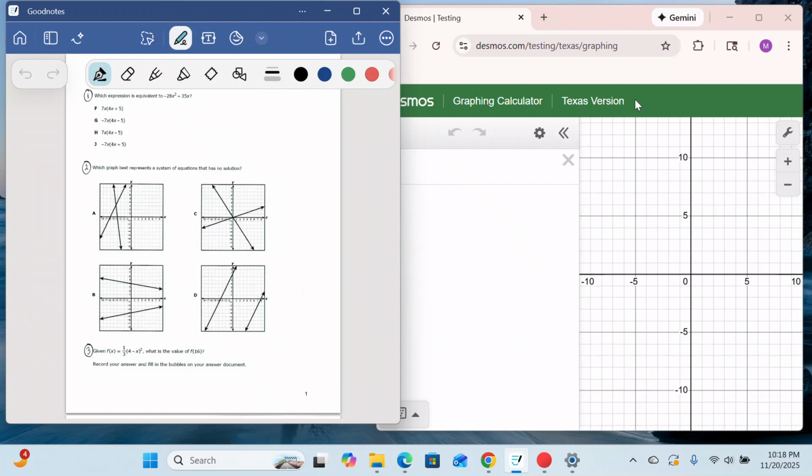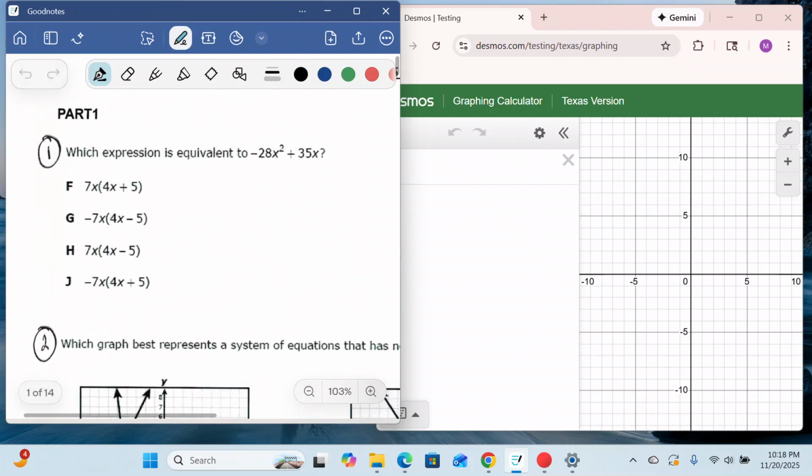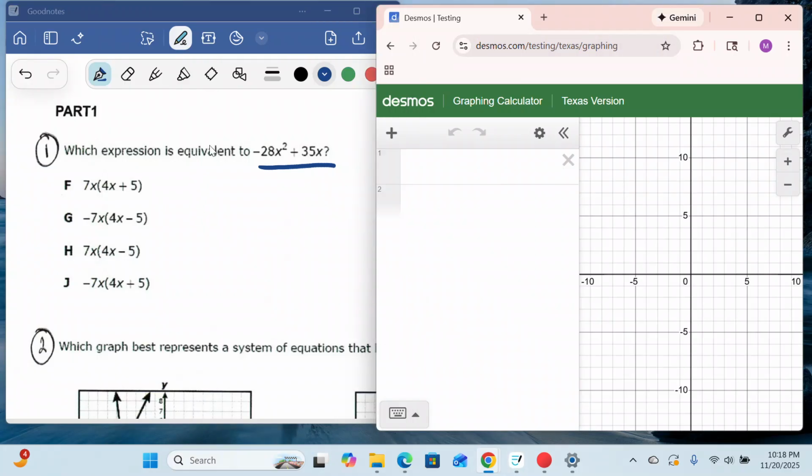If we look at question number 1, this is from our part 1 series. We're going to look at this question and ask, which expression is equivalent? You have to understand that equivalent does mean equal to negative 28x squared plus 35x. The first step is I'm going to get my Desmos Texas version, or STAAR version, calculator and input this into Desmos.